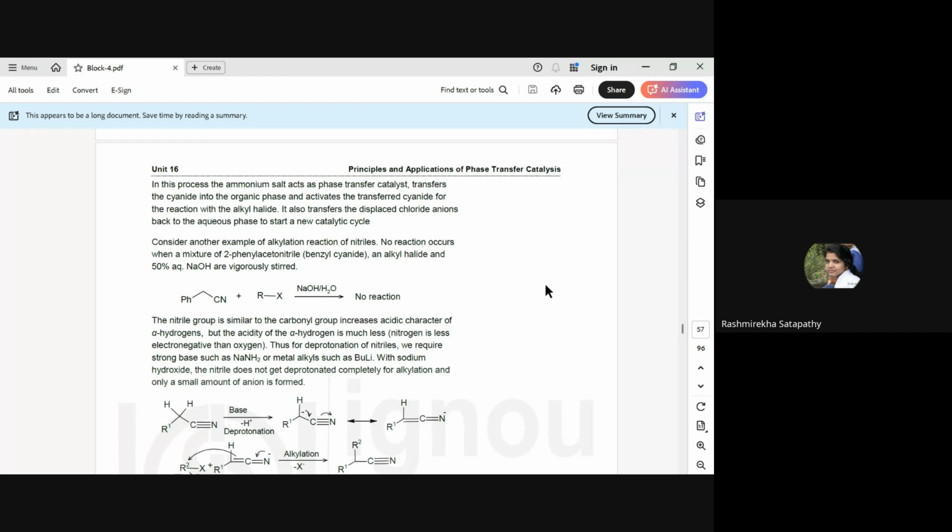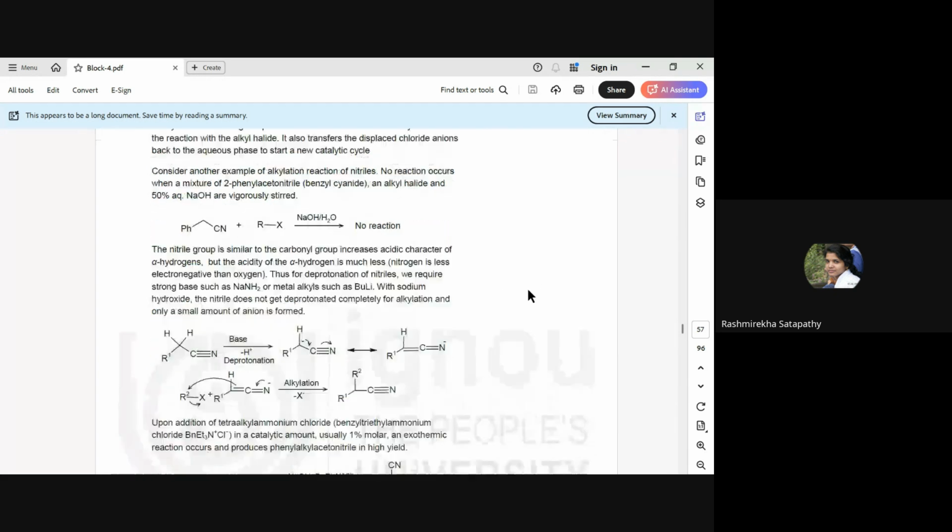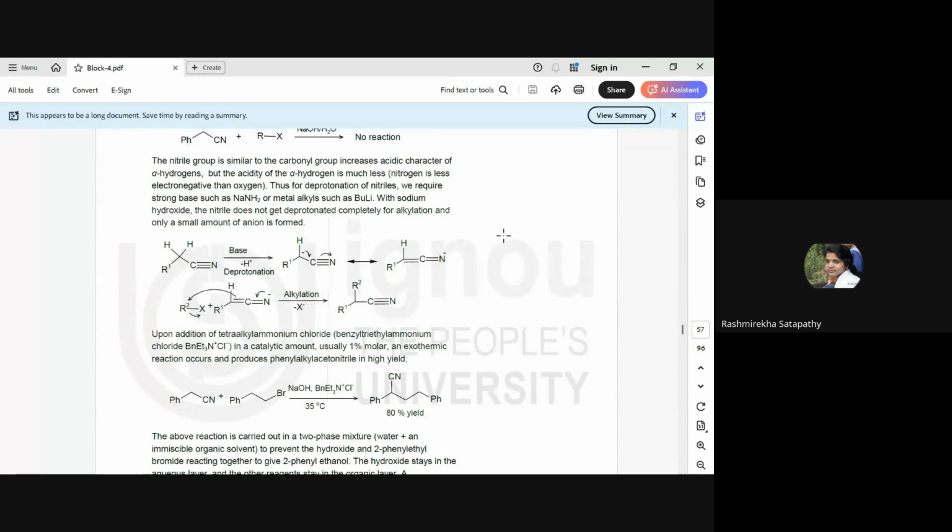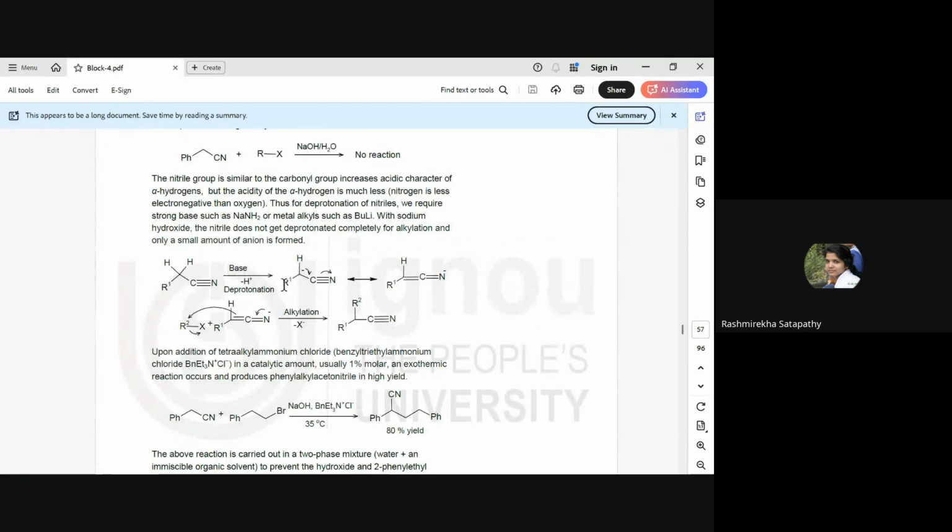Consider another example, the alkylation reaction of a nitrile. No reaction occurs when a mixture of 2-phenylacetonitrile in the presence of RX and sodium hydroxide is used. The nitrile group is similar to the carbonyl group and increases the acidic character of the alpha hydrogen, but the acidity of the alpha hydrogen is much less.